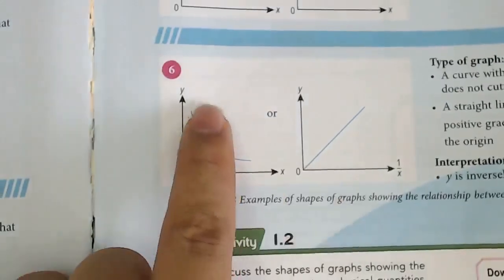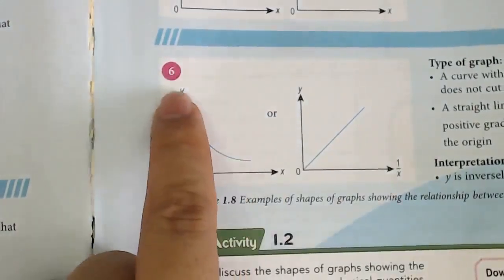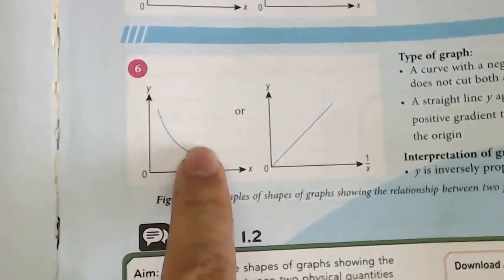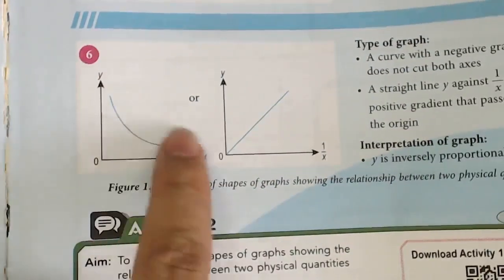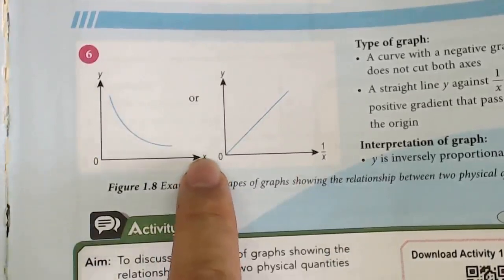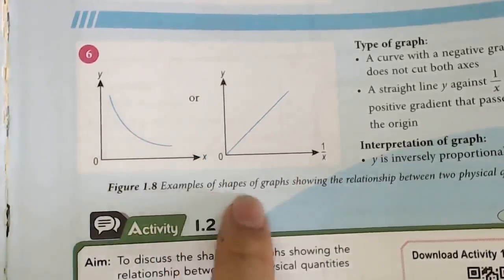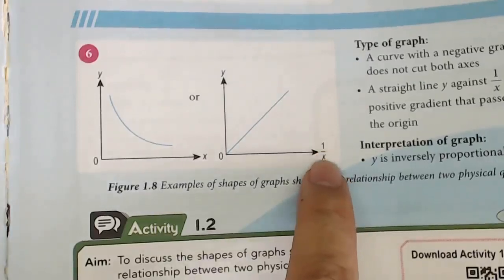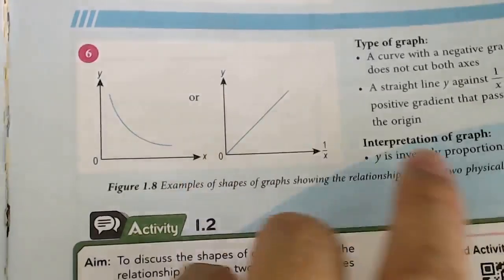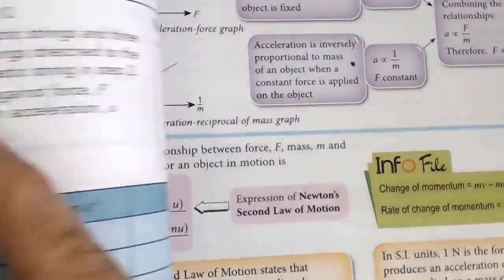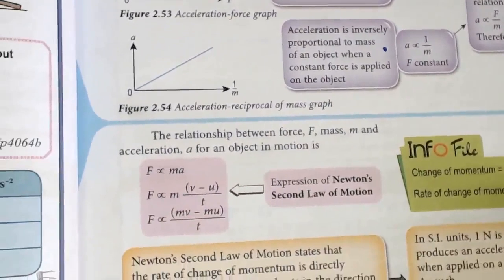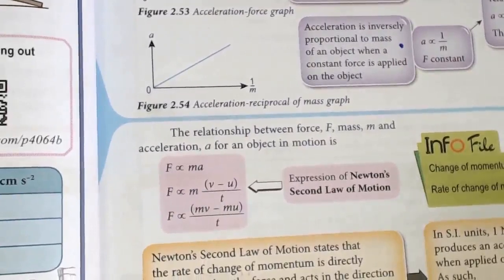This is a, this is m. It decreases. Because we make this modification, it becomes a straight line, meaning this m here we make reciprocal, so it looks like 1 over m. But still, the way we read it is inversely proportional.